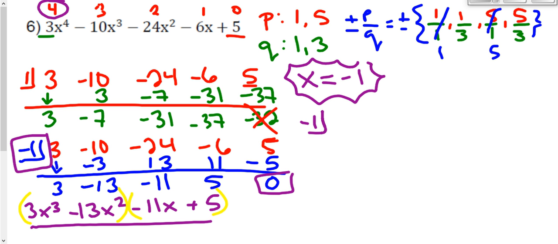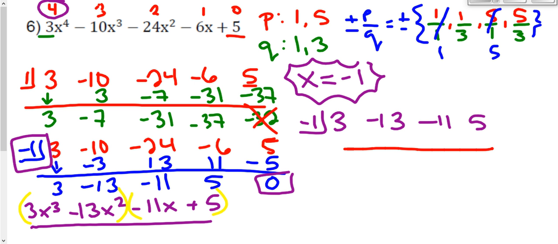So here's my negative 1, and I'll take the coefficients I just had, 3, negative 13, negative 11, and 5, and we will test these again to see if negative 1 fits into this polynomial a second time. We'll bring down the number 3, multiply it by negative 1, we get negative 3. Add up and down, we get negative 16.